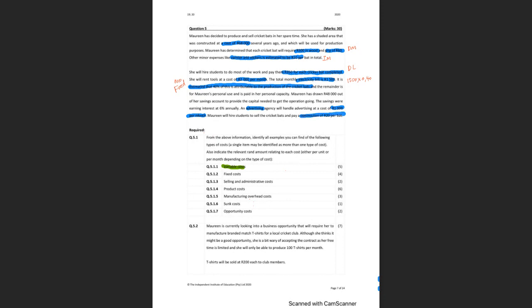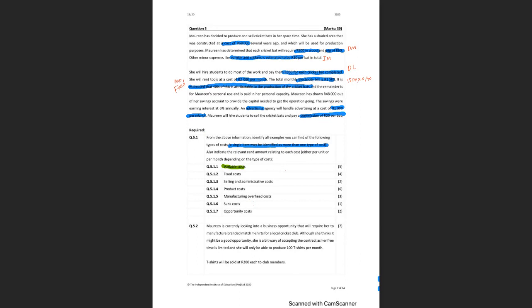They said to you from the above information, identify all of the examples you can find of the following type of costs. A single item may be identified, and this is what I was saying to you just now. A single item may be identified as more than one type of cost, meaning, like I said, with your rent and your electricity, they are falling into the category of manufacturing overheads, but they can also fall into the category of a fixed cost.